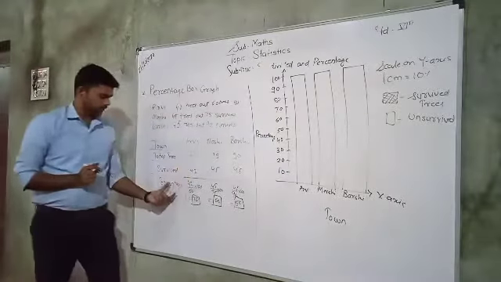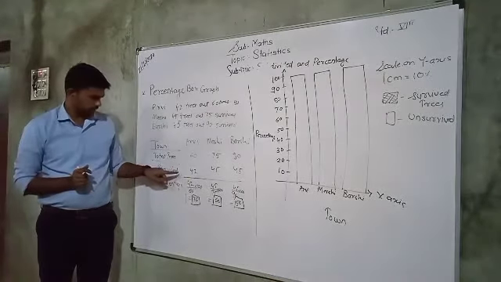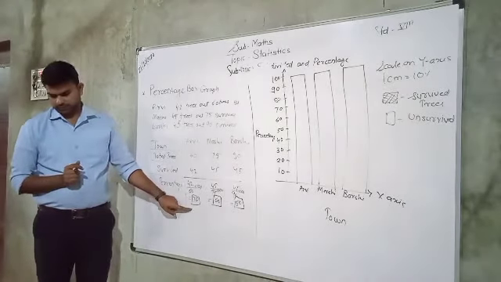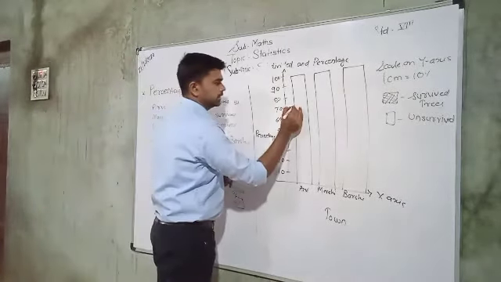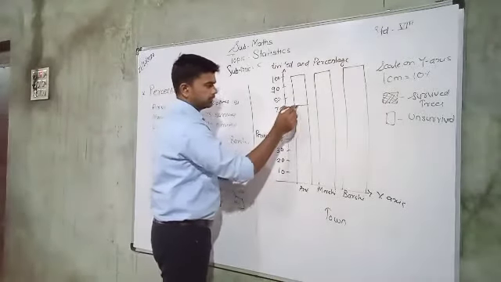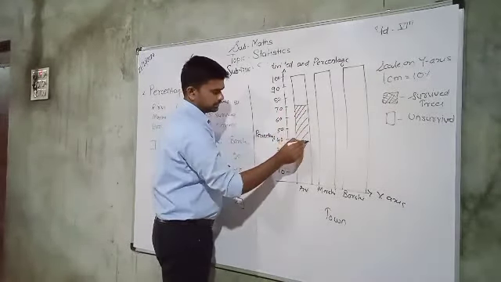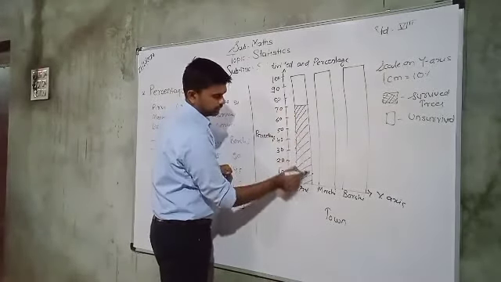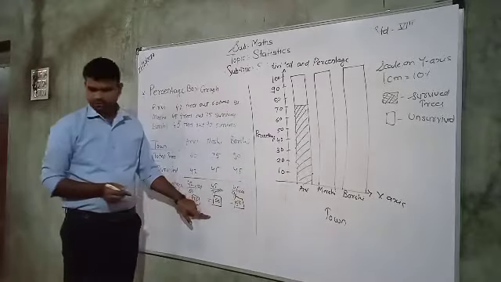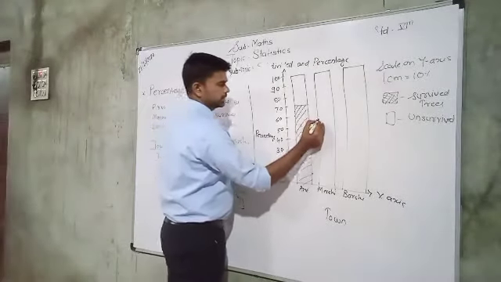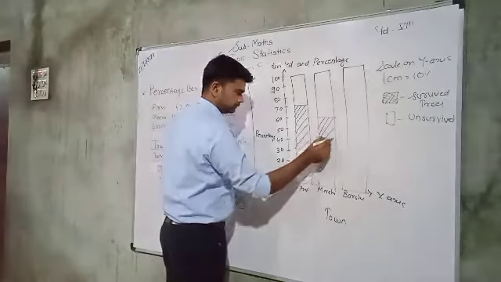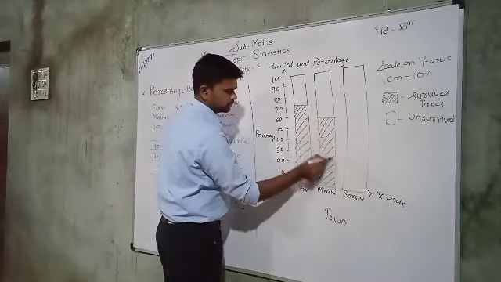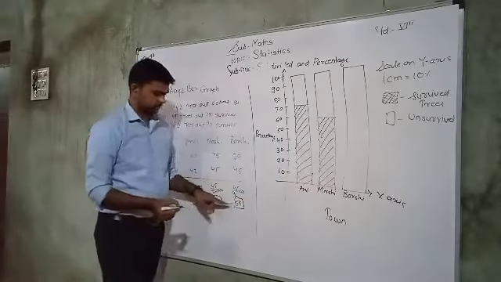So for Arvi, how many survived trees are there? 42, and the percentage of survived trees is 70%. So here it will be 70%. Then we will draw the lines. In Morshi, 60%. And in Barshi, 50%.